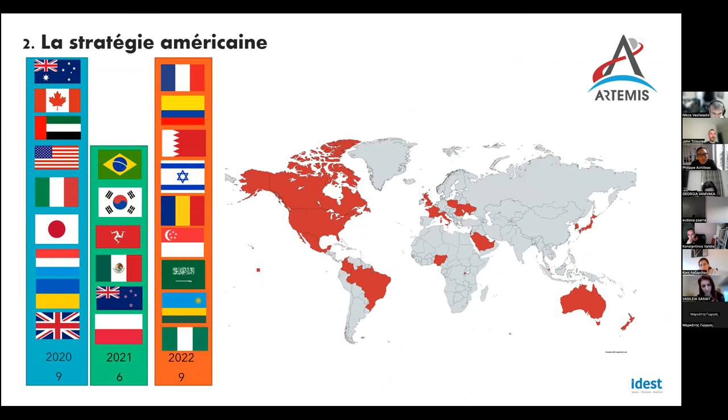In particular, Mexico, Colombia, and Brazil usually represent the voice of developing countries. So the fact that these countries have signed the Artemis Accords shows that the position of developing countries may be favorable to the American position.